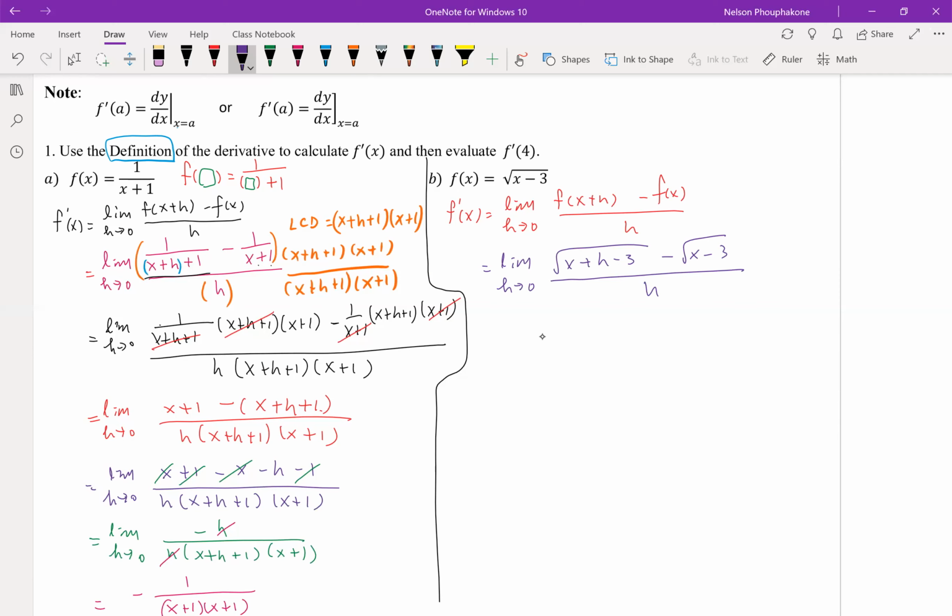Now, remember something that we learned in chapter 2: if we have something like this, we multiply by the conjugate pair. So I would like to multiply by the square root of x plus h minus 3 plus the square root of x minus 3.